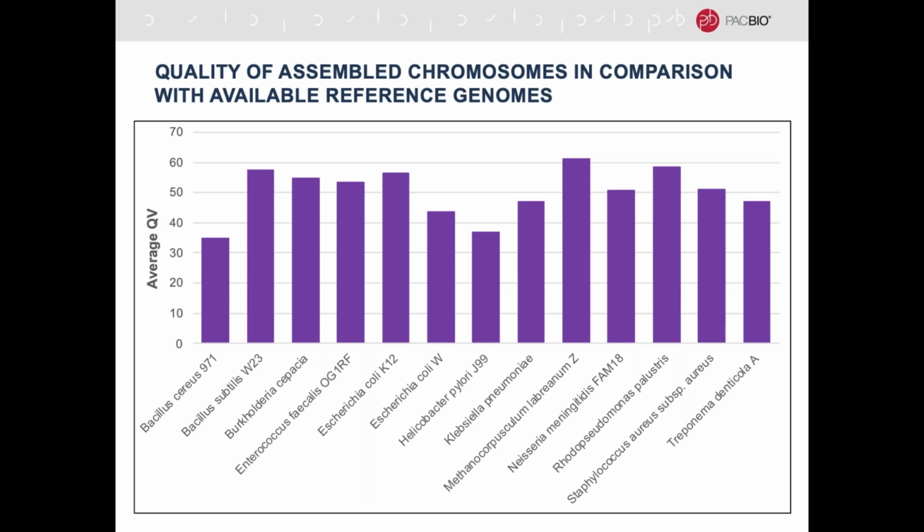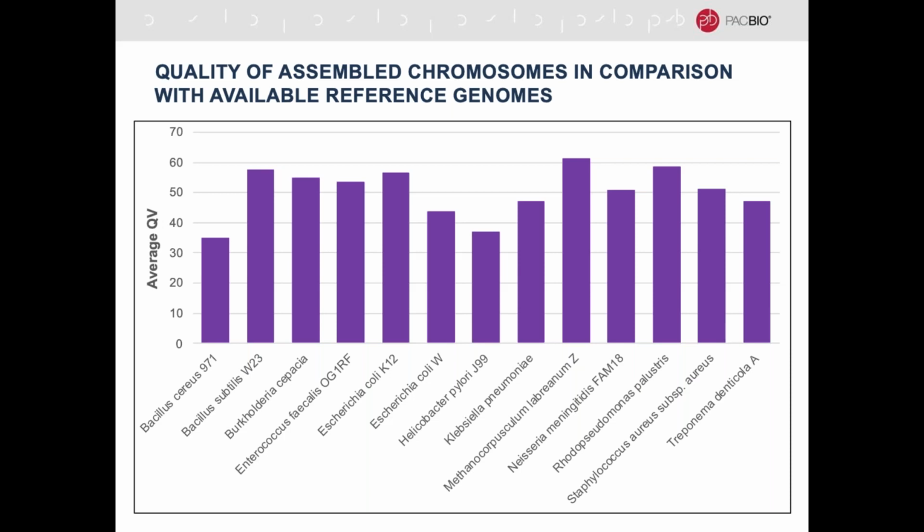So if you're looking at this in more detail after the fact, you might notice that not all of the strains are here. That is why. But for the ones where the reference matches what we were expecting, we compared our assemblies against those references, and you can see that the QVs are all well above QV30.